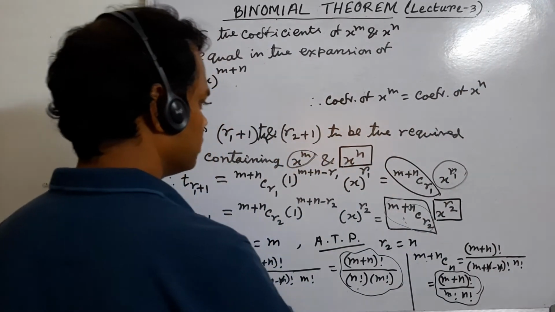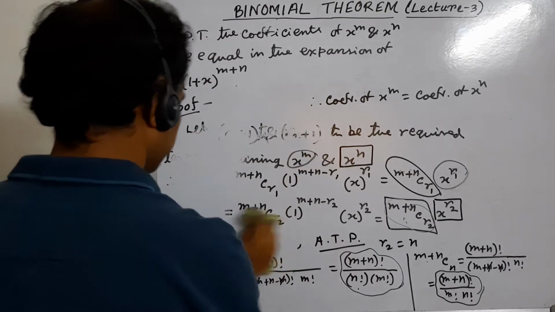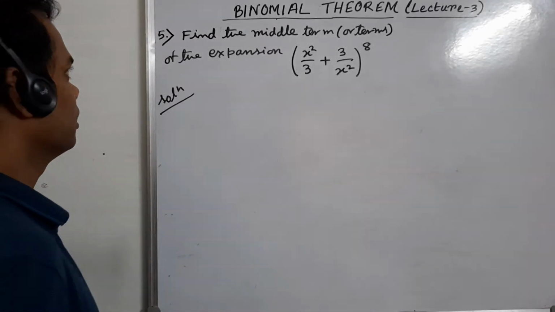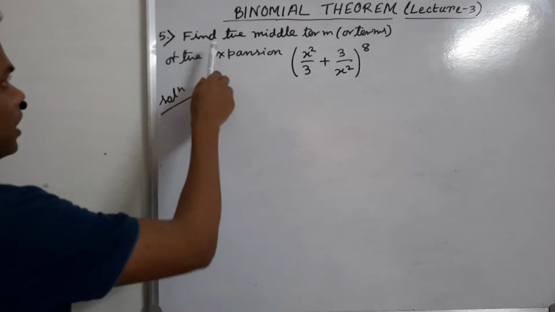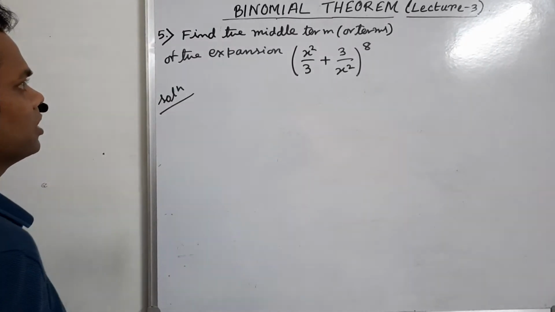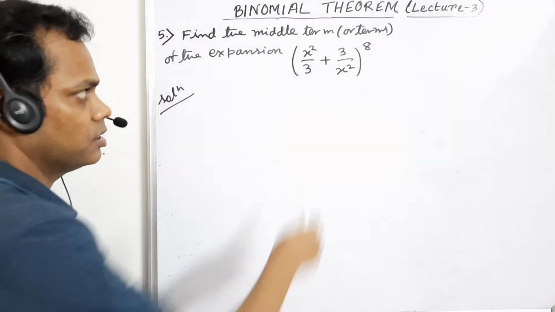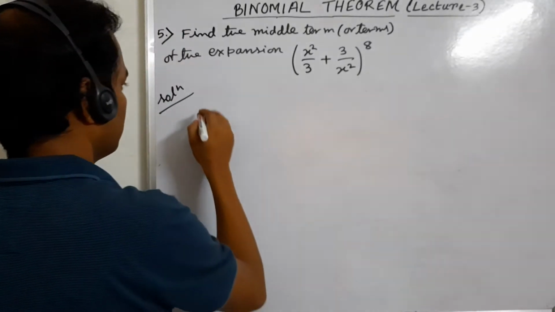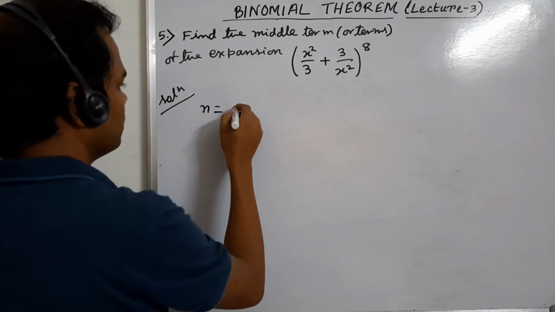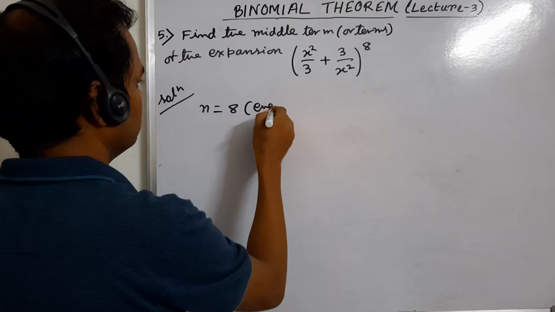So the next sum is sum 5. Find the middle term or terms of the expansion (x square by 3 plus 3 by x square) whole to the power 8. Here n, the power of the expansion, is 8, which is even.